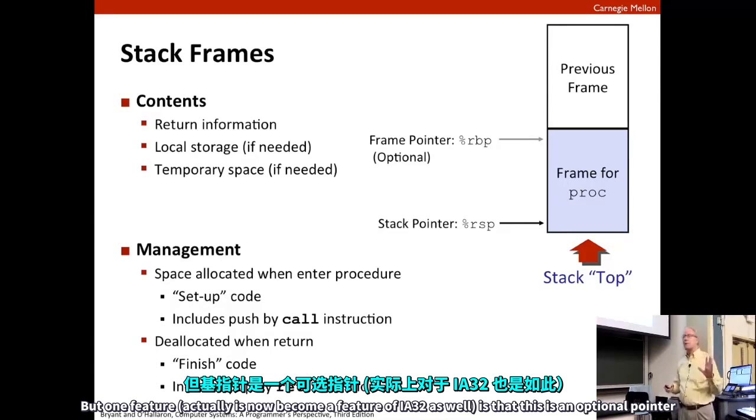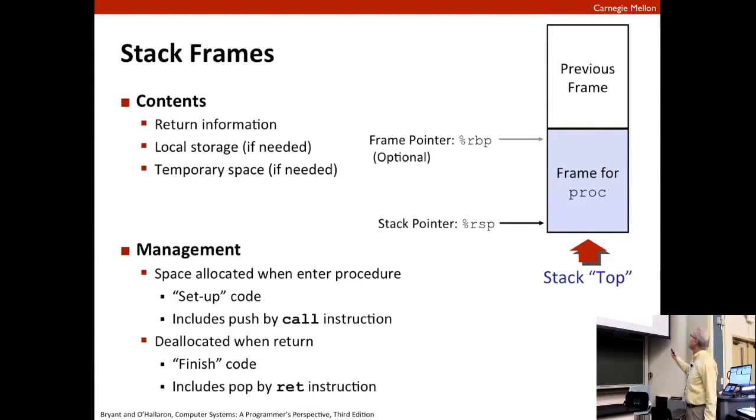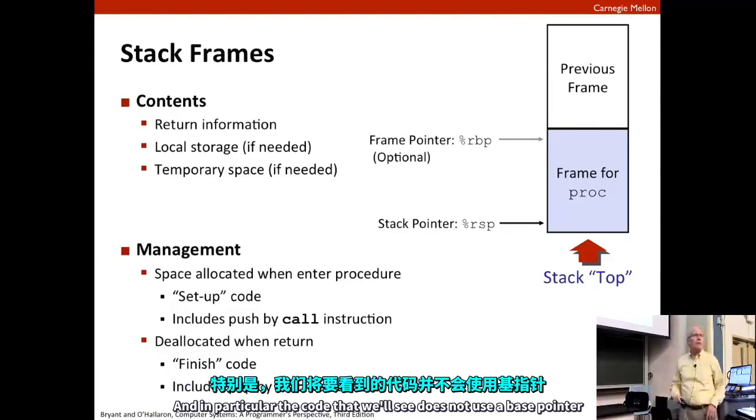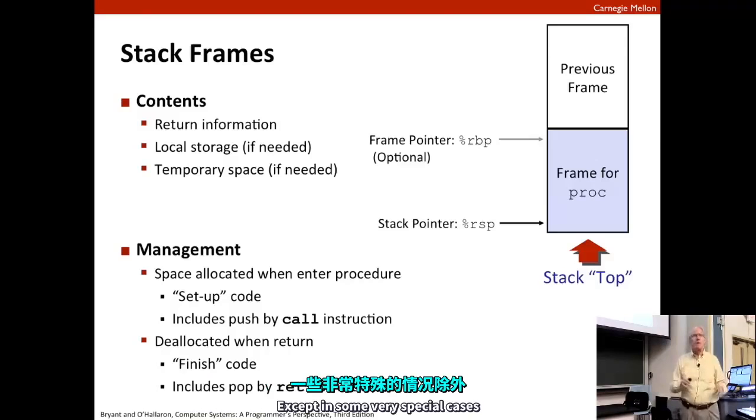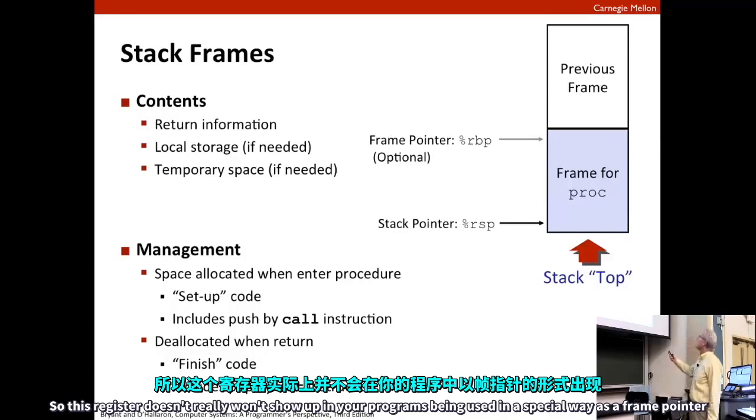But one feature of, actually it's now become a feature of IA32 as well, is that this is an optional pointer. And in particular, the code that we'll see does not use a base pointer except in some very special cases. So this register won't show up in your programs being used in a special way as a frame pointer.